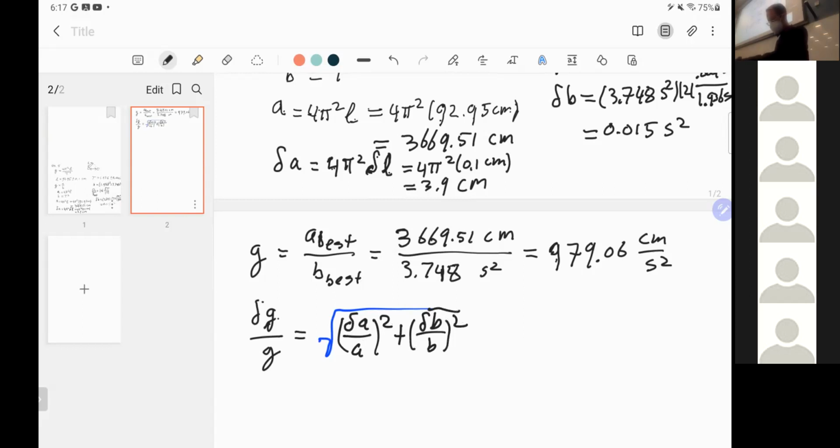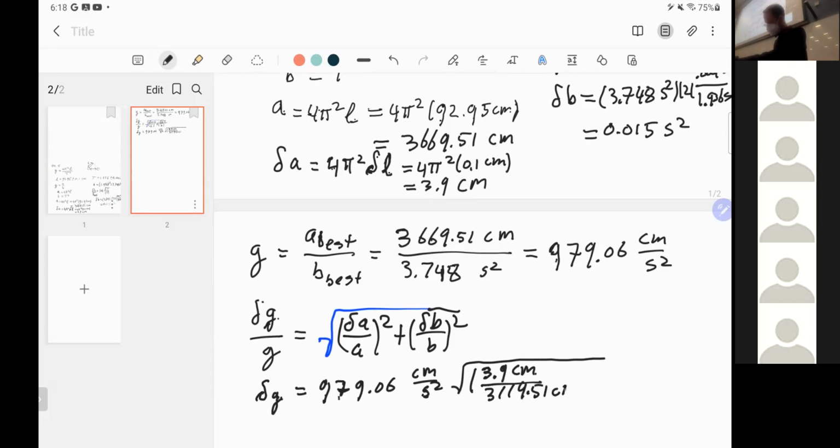If we then plug in the numbers, delta G equals G best, which is 979.06 centimeters per second squared, times the square root of 3.9 centimeters divided by 3669.51 centimeters, quantity squared, plus delta B, 0.015 seconds squared, divided by B best, 3.748 seconds squared, quantity squared.